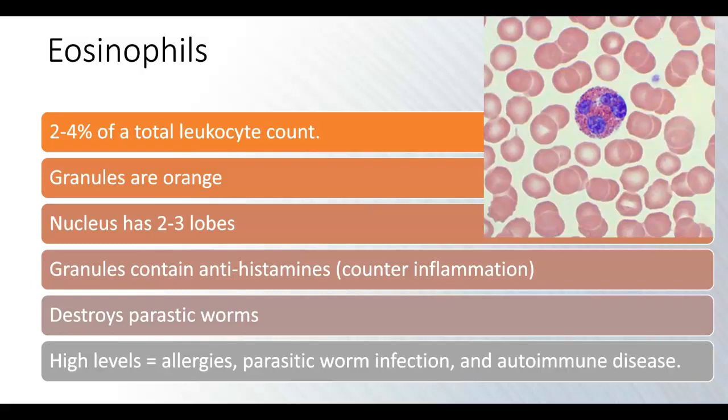If you have a high level of eosinophils, it typically means you are having an allergy response of some kind, or you have a parasitic worm infection. Some autoimmune diseases also produce higher than normal levels of eosinophils. And again, you can compare to these over here, which are the red blood cells.